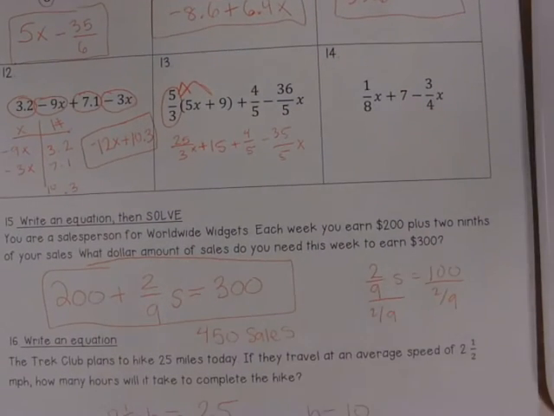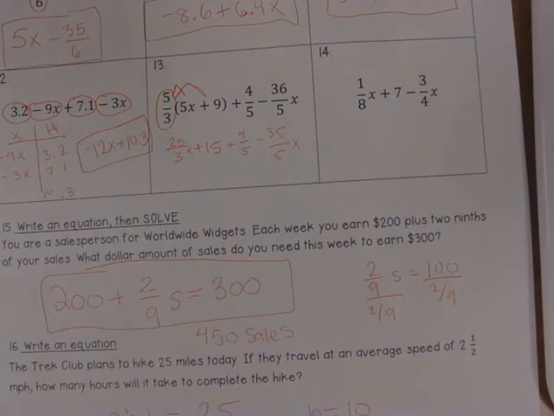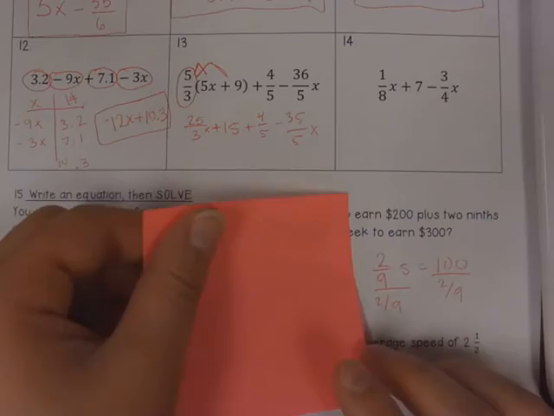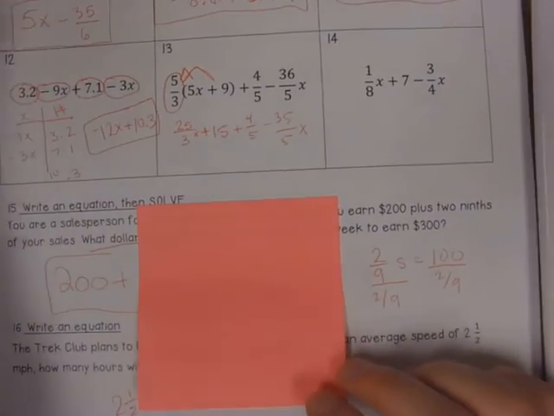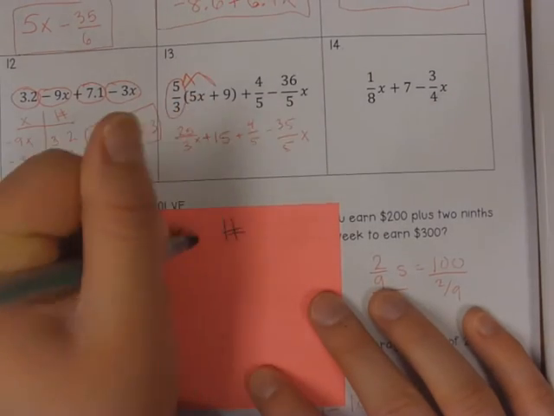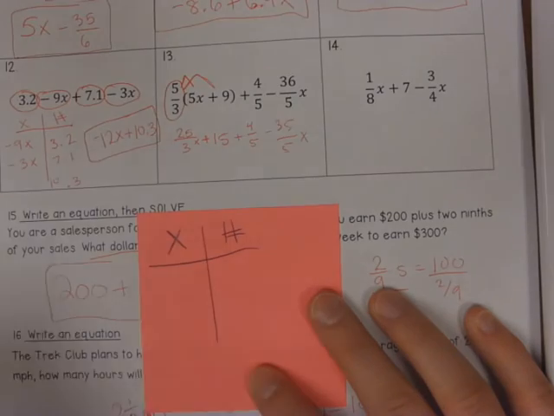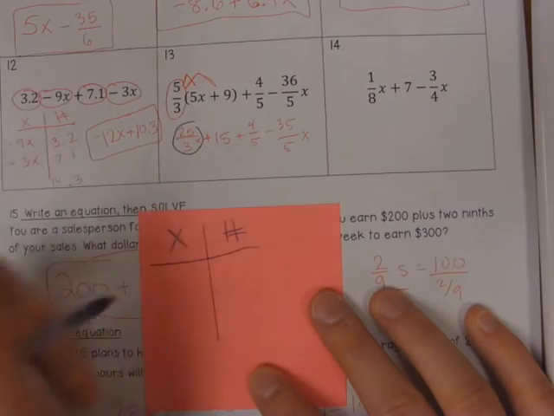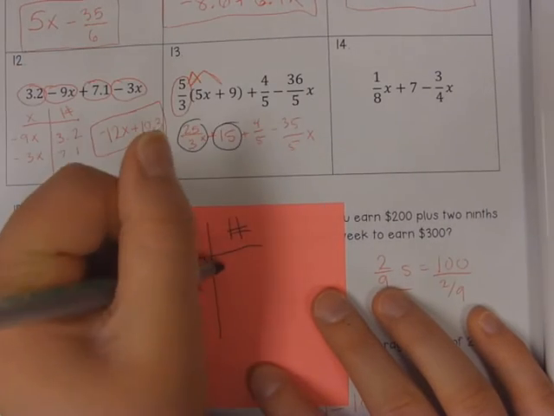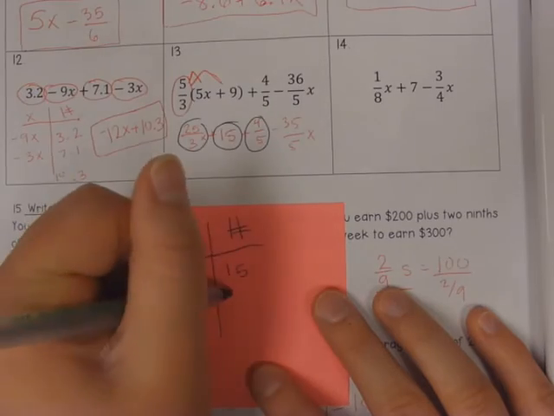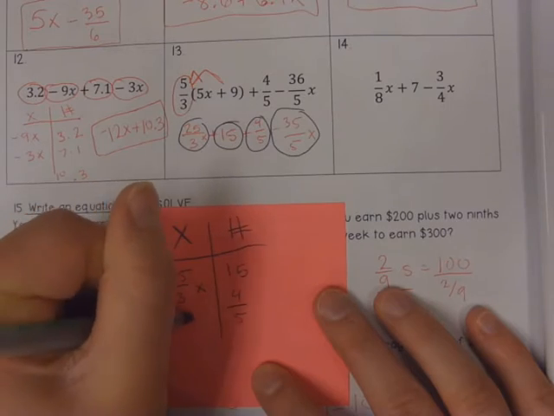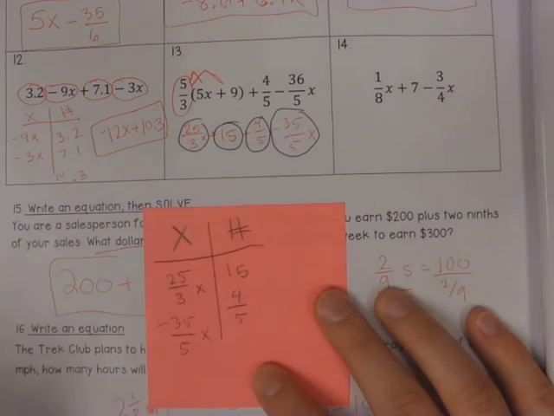Now I need to do my t-chart. After you distribute, you do your t-chart. I need more space. Let's use this. My x's and my whole numbers. Okay, I have 25 over 3 x. I have 15. I have 4/5. I have negative 35 over 5x.